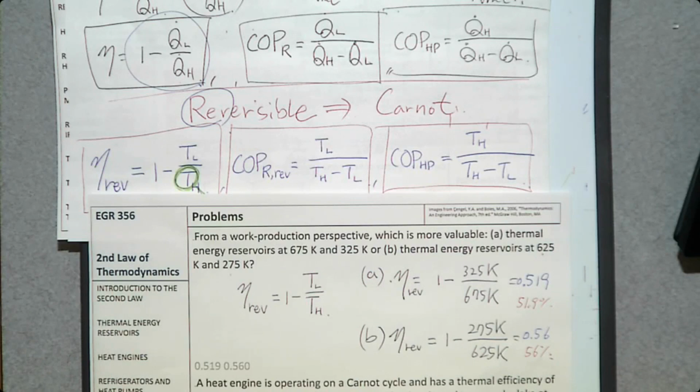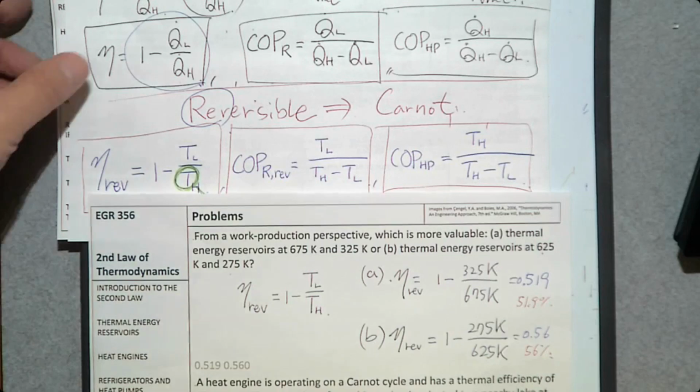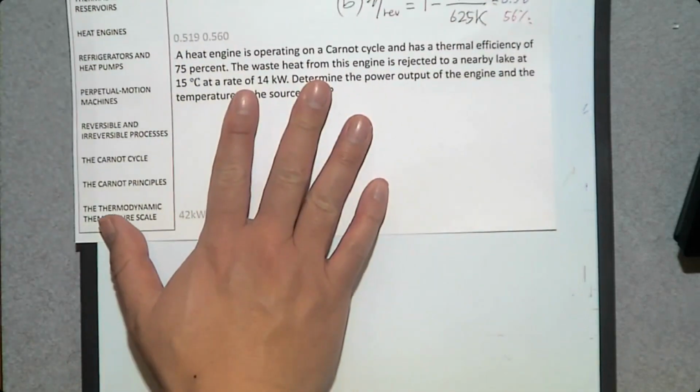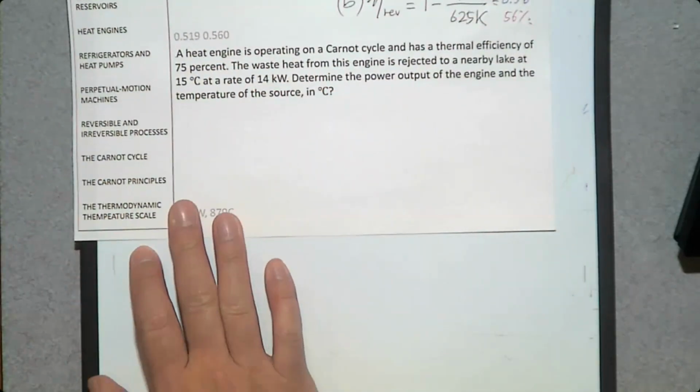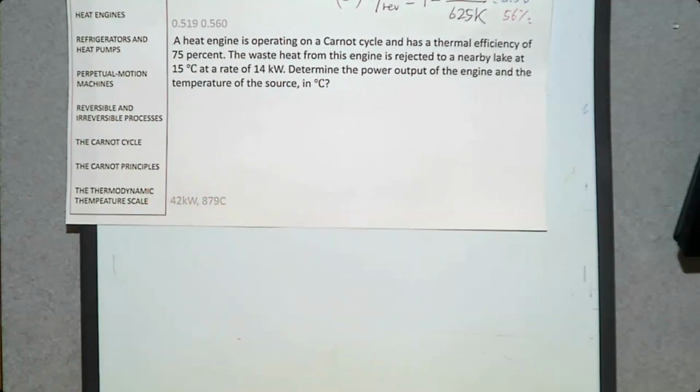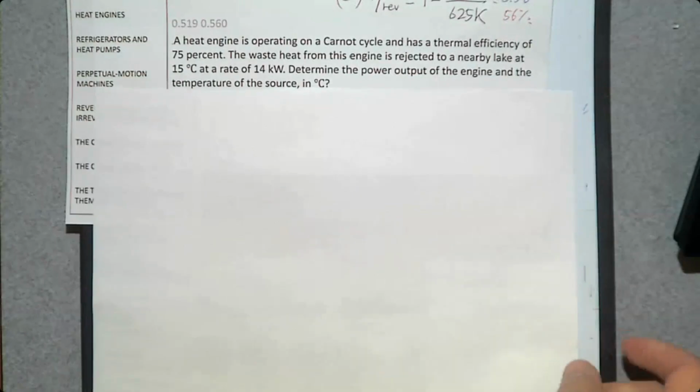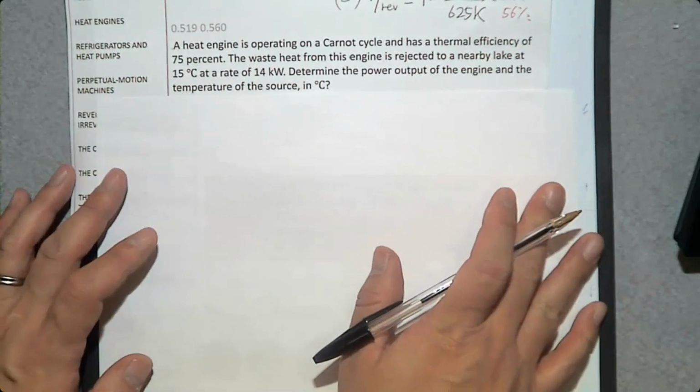Very easy to solve, right? And let's look at the second problem. A heat engine operates on a Carnot cycle. That means that you have a heat engine, a power plant that is an ideal power plant. And it has a thermal efficiency of 75%. Pretty high. 75%, that is the maximum possible value.